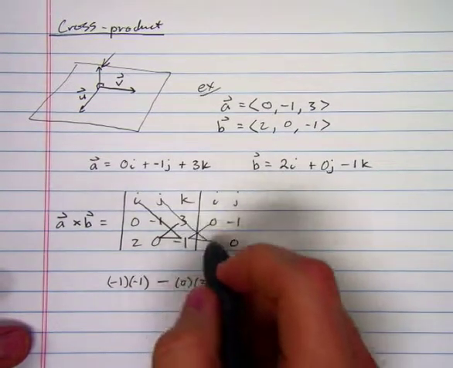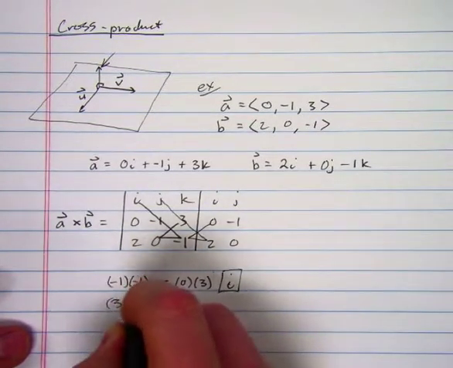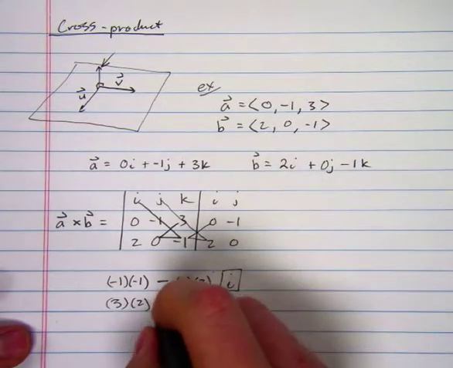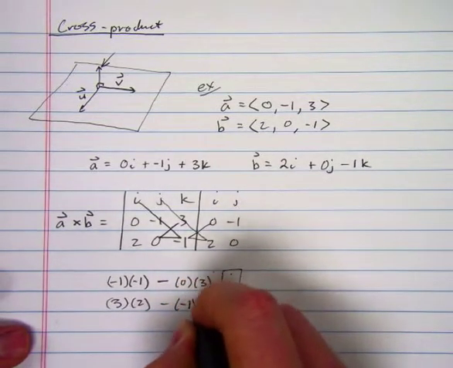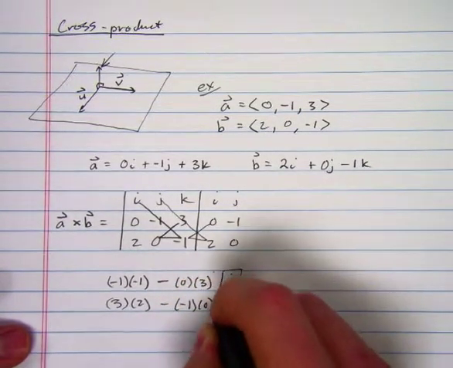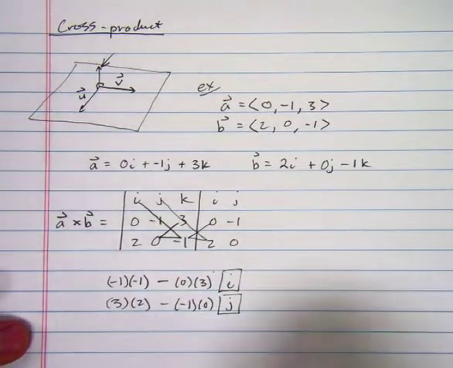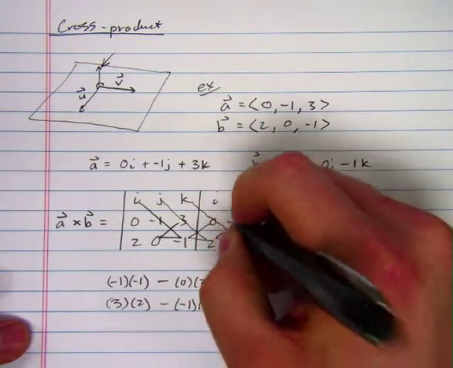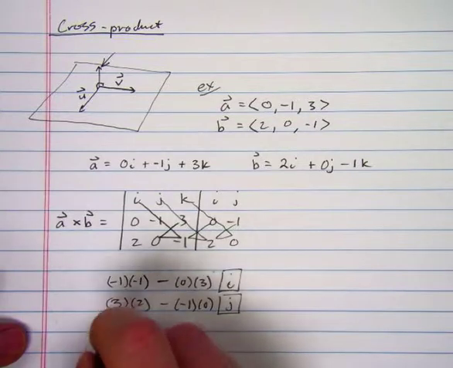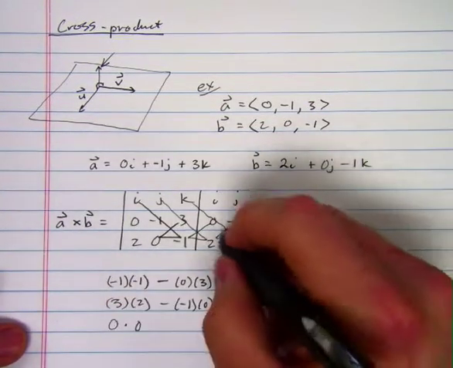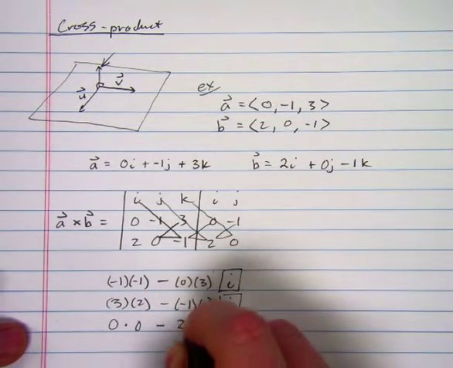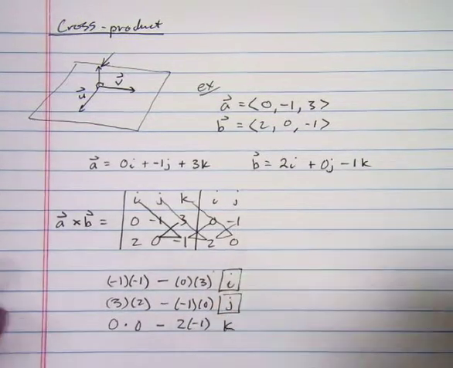So that'd be 3 times 2. And we subtract that. So that'd be subtract -1 times 0. And that would be the j part. Same with the last one. k is going to cross like that. So k is 0 times 0 minus 2 times -1. Okay.